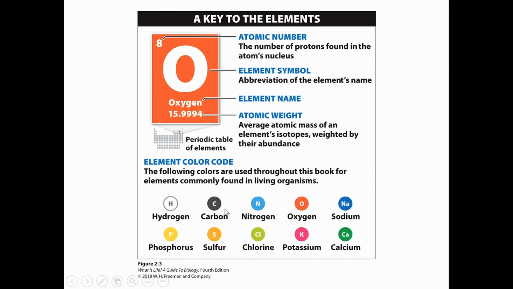White for hydrogen, black for carbon, light blue for nitrogen, orange for oxygen, a darker blue for sodium, yellow for phosphorus, this kind of marigold dark yellow, light orange for sulfur, light green for chlorine, pink for potassium, and green for calcium. But again, that's something that's going to be used through the book. It's not necessarily something that is used on every periodic table.